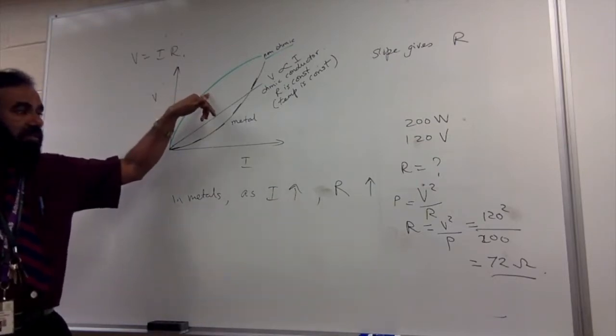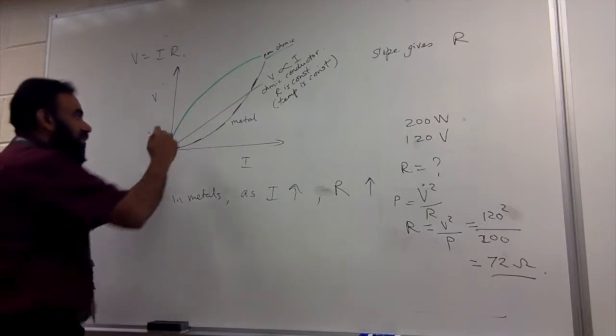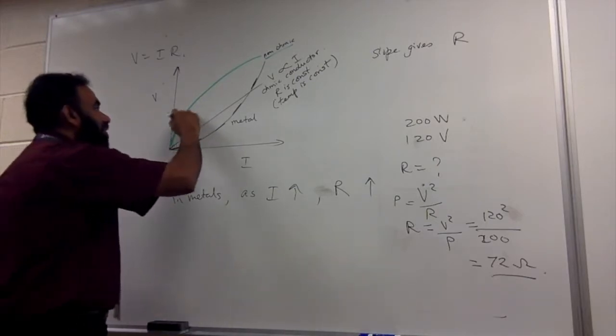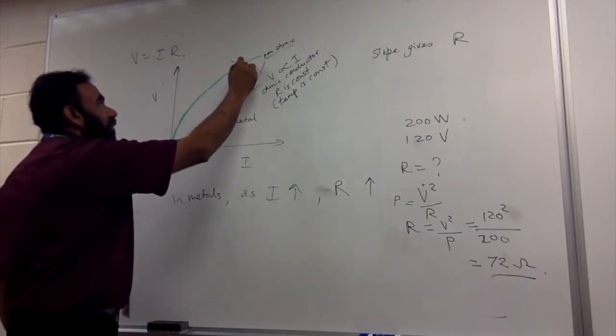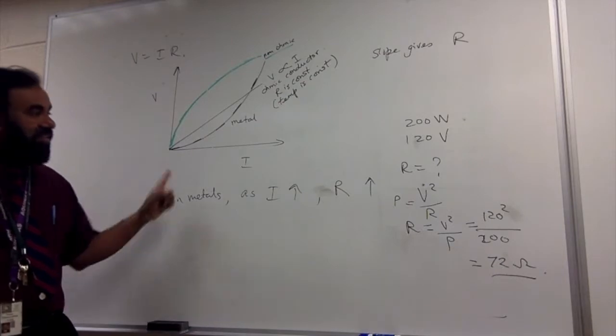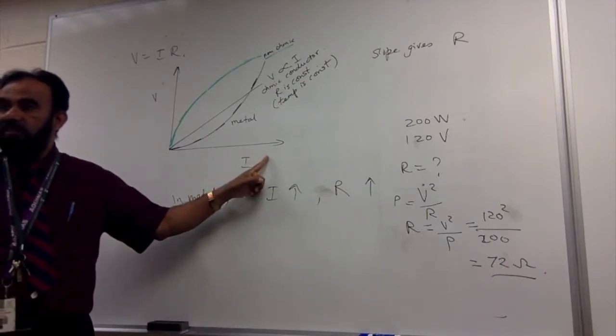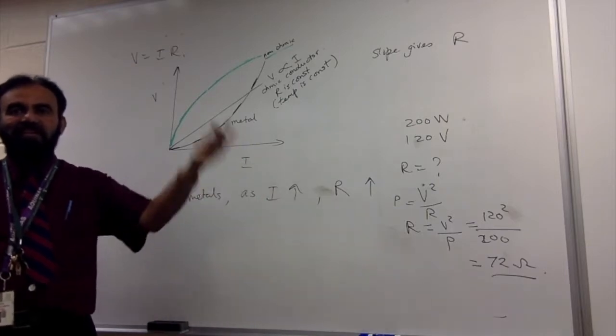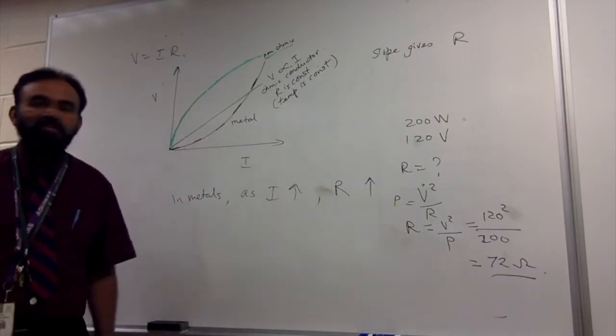But this material, what is happening to the resistance? Initially the resistance is high, and the resistance gets lowered. Resistance is getting lower and lower as the current increases. That means it's letting more and more current flow through.